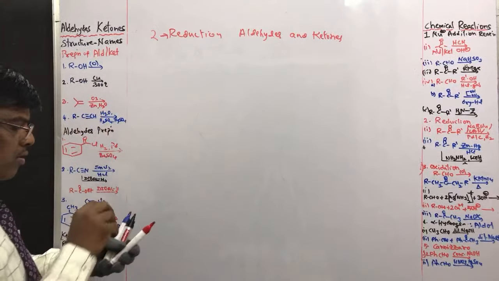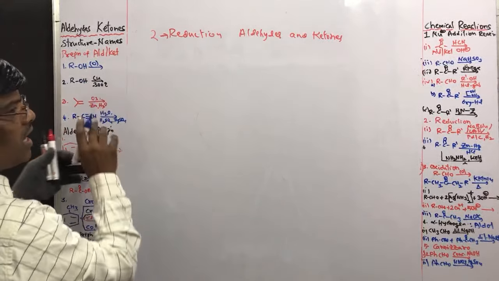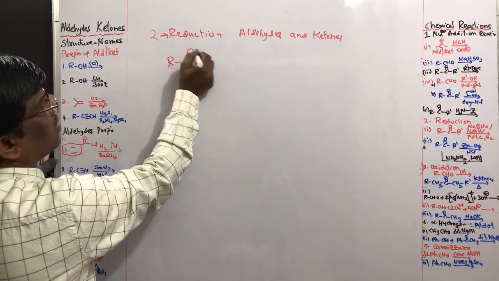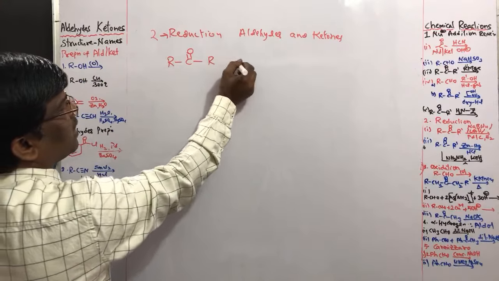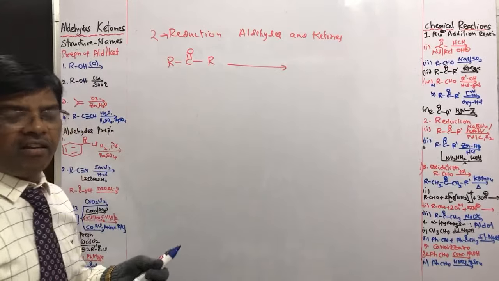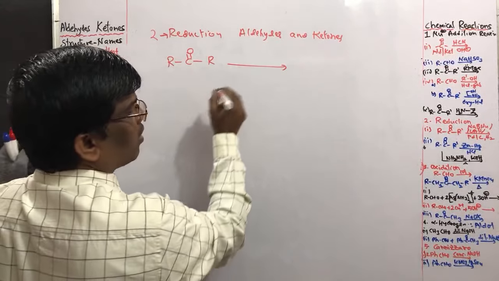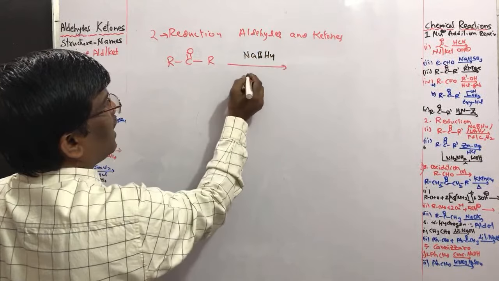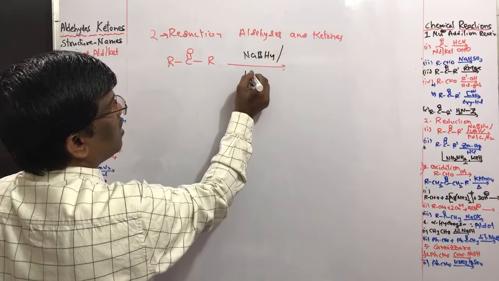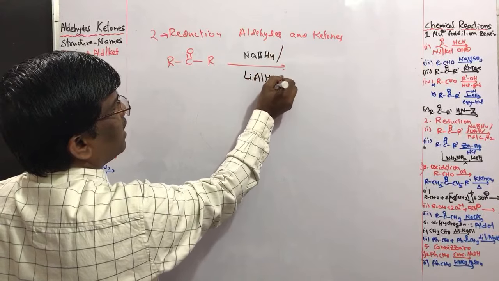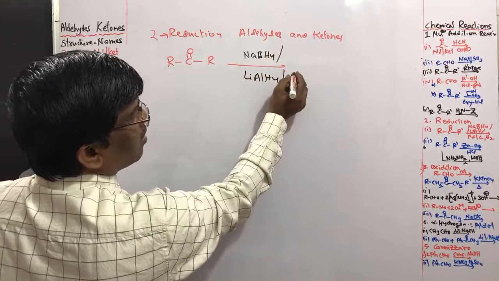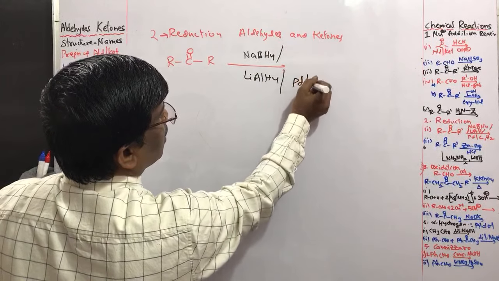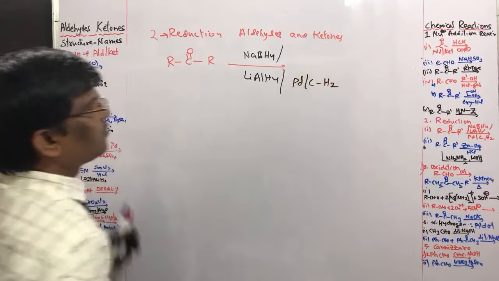The simple reducing agents, for aldehyde or ketone, students, please write down. The reagents we usually come across are sodium borohydride, or lithium aluminum hydride, or palladium on carbon hydrogenation.